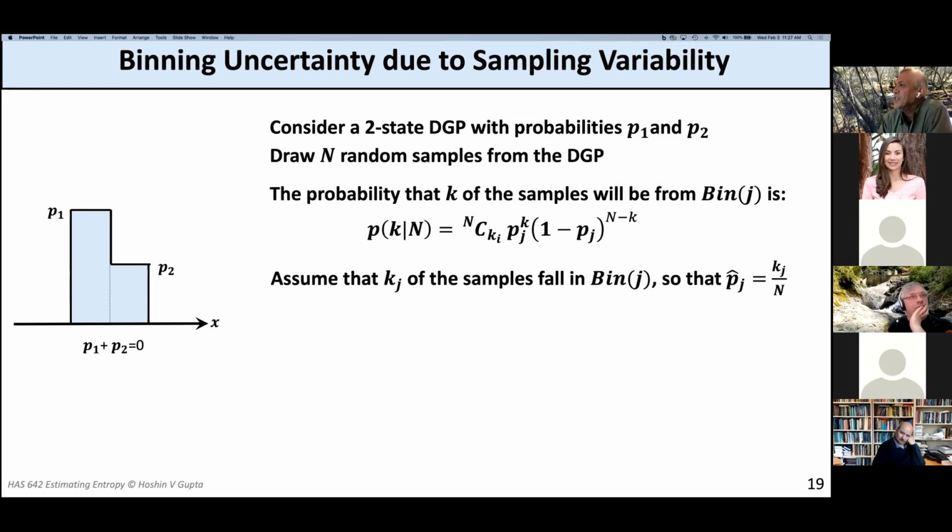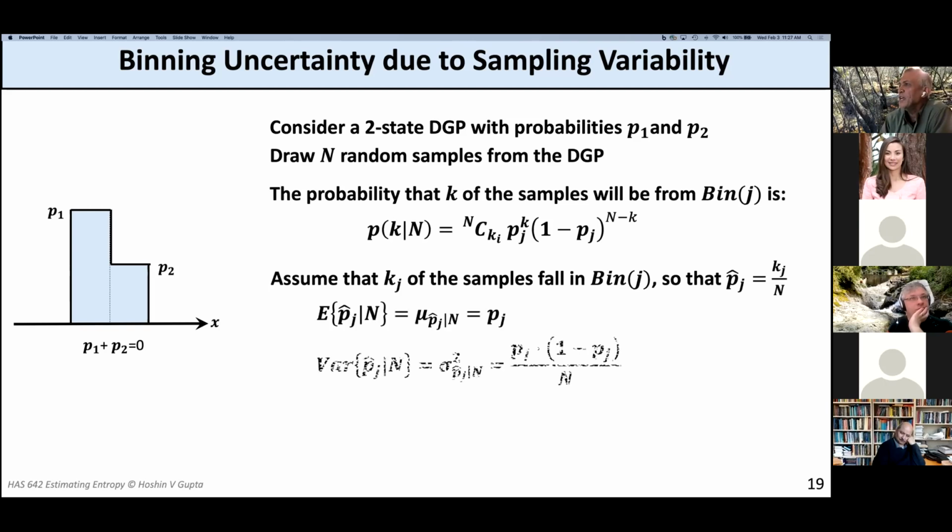And if kj of the samples fall in bin j, you then estimate the probability as kj over n, and you can calculate the expected value from the binomial distribution, and it's supposed to converge to the true probability as you would expect. But you get the uncertainty there, and it's given by p in times 1 minus p in, or p in times p out over n.